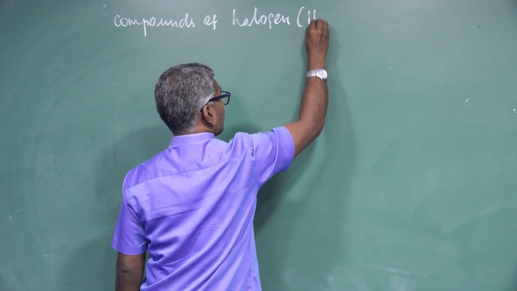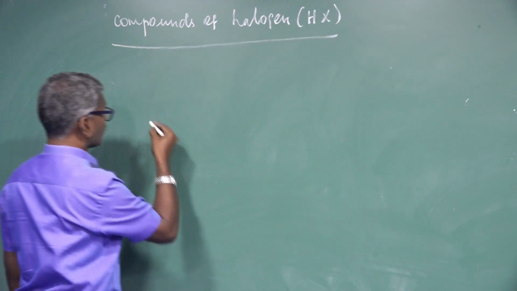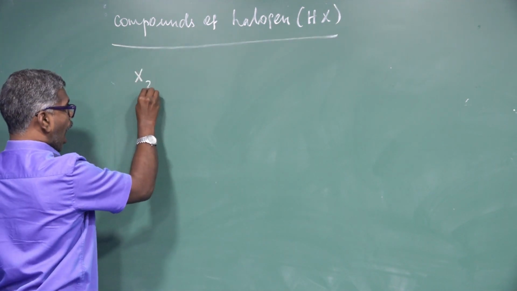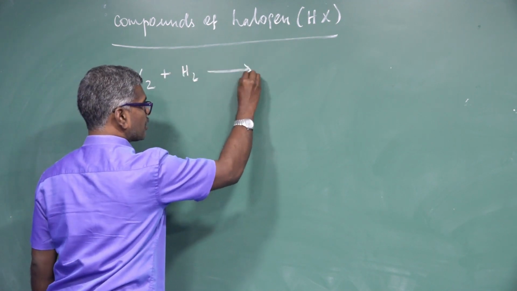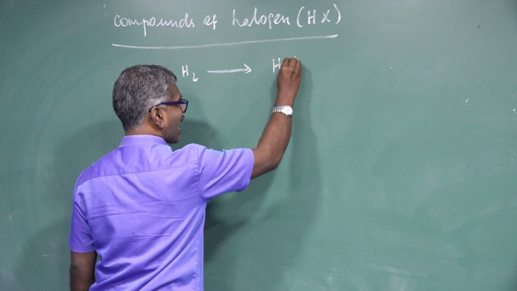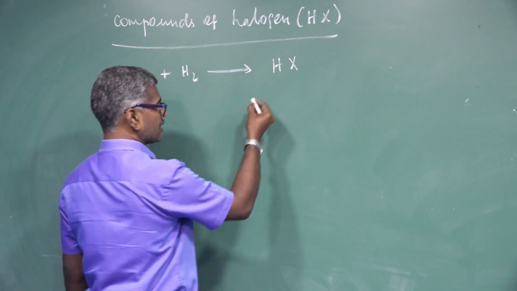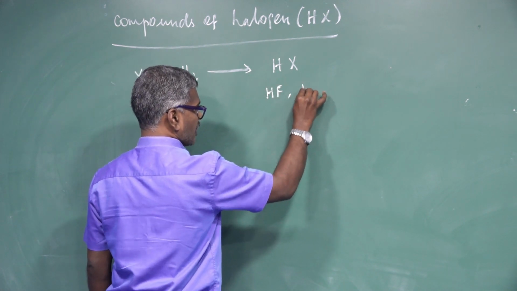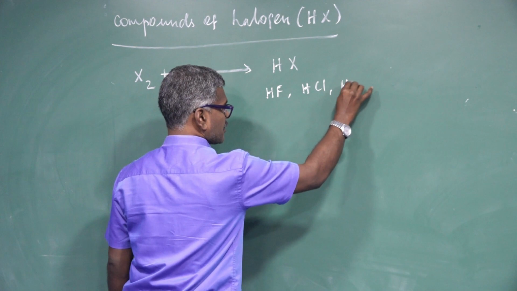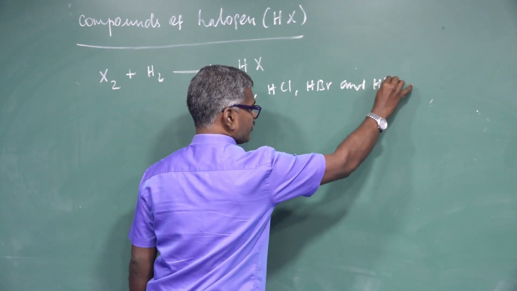That is HX. Here, all the halogens combine with hydrogen and form HX. HX is nothing but a covalent hydride, that is HF, HCl, HBr and HI.